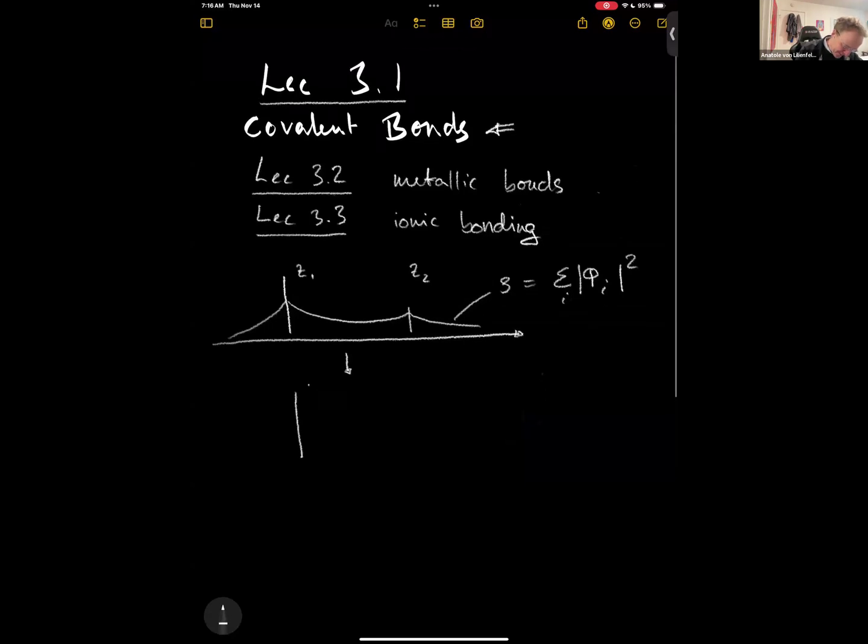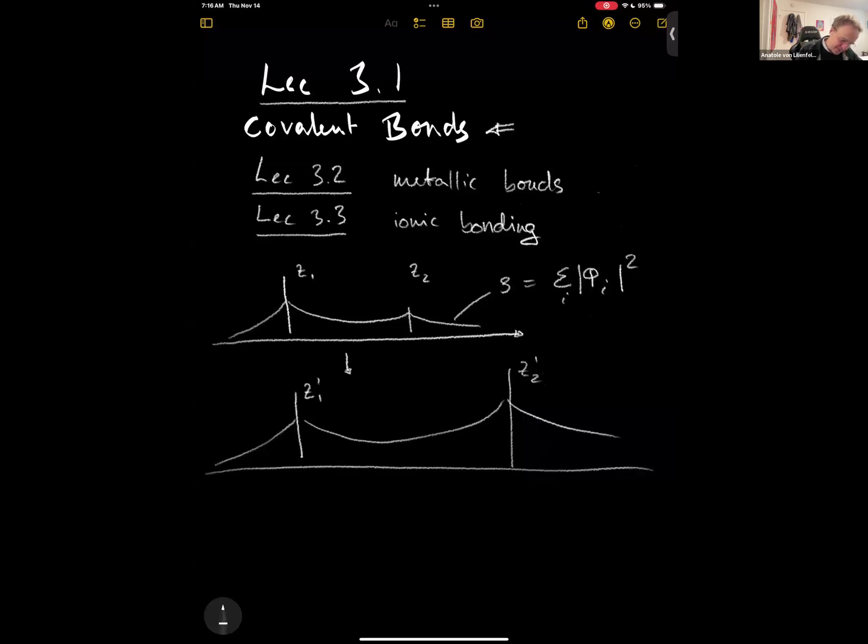So suppose my Z1 now becomes, for a new compound, Z1 prime, and here I have now a Z2 prime, and again some electron density, and this is some real space axis I call X, aligned with the molecular axis.